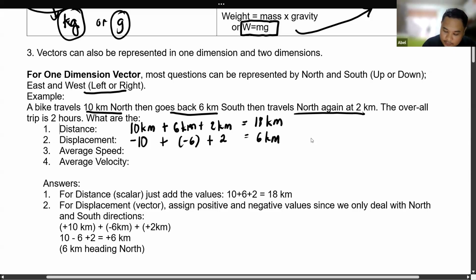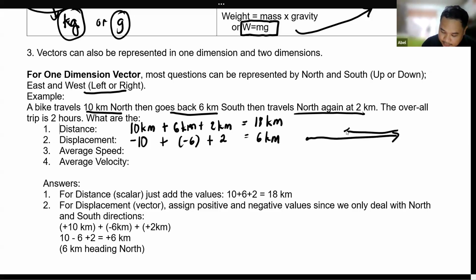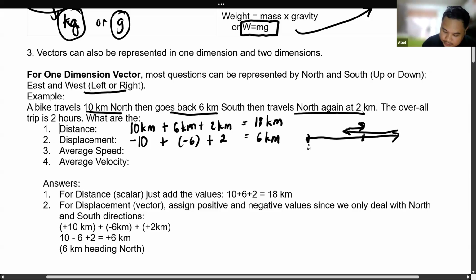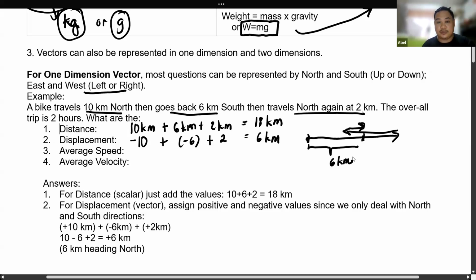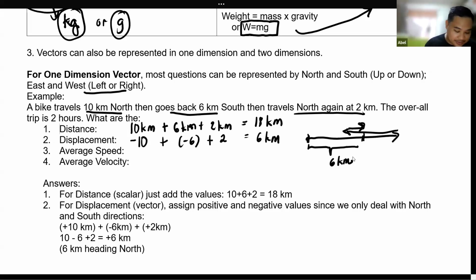Now, if you try to imagine this for the displacement, that is 10 kilometers north, and then it goes back 6 kilometers south, and then another 2 kilometers north. So overall, in one dimension, it is 6 kilometers headed towards north. It should be in the south and north direction, not in the east or west direction.